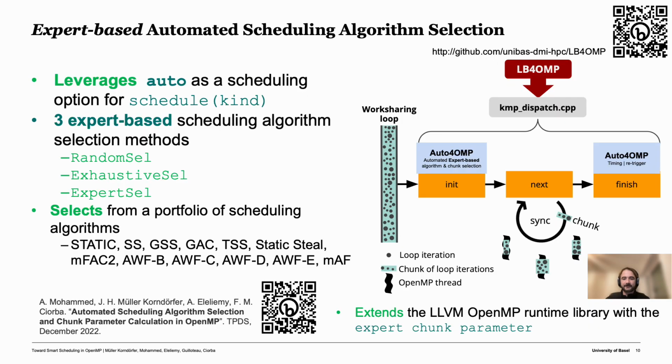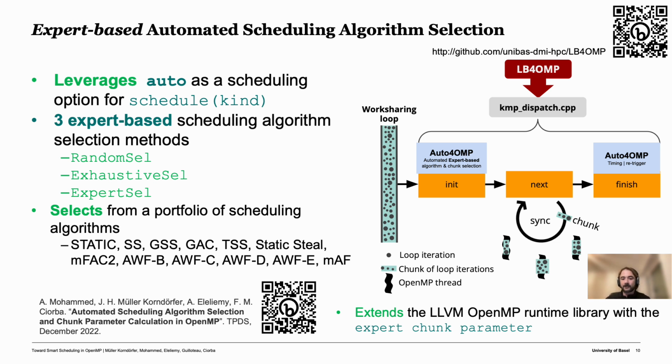So first, we implemented a few expert-based methods. This work is already published and you can access it for more details. But basically, we extended the auto implementation inside the runtime such that the user can choose among 3 automated selection methods, right? One is basically randomly selecting a scheduling algorithm, and it follows some rules.